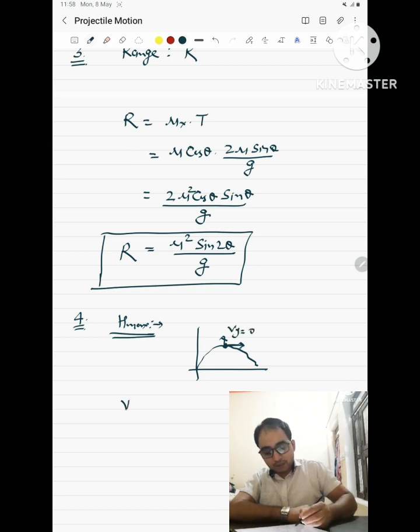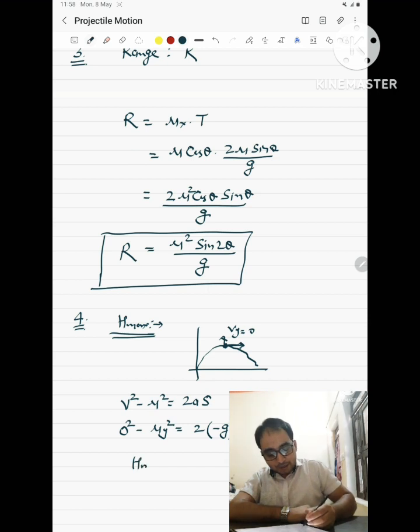When we use the equation v square minus u square equal to 2as, here at maximum height v is 0, so 0 square minus initial velocity in y direction, uy square, equal to twice of a, which is minus g, and h max.